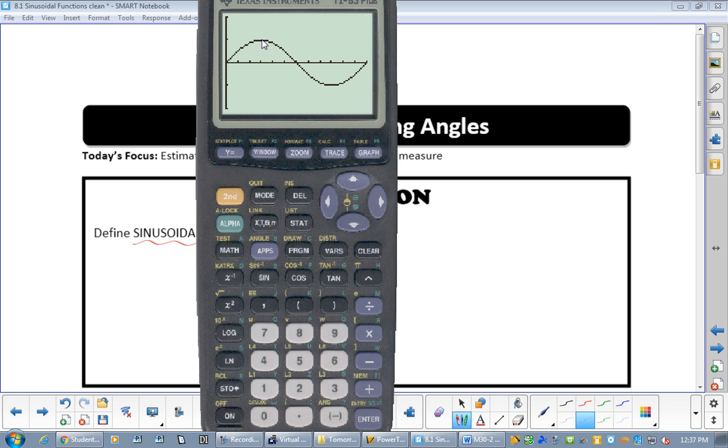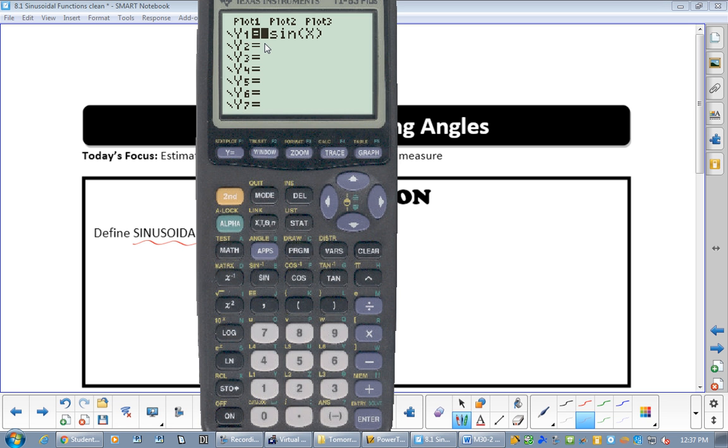That's how tall the wave is from what I call the midline, the middle. Do you see how that's the middle of the graph? So if I wanted to make that bigger, I would go 2 sine x. And you see how my amplitude changes. Okay? So we're going to learn that this number in the front always affects the amplitude.